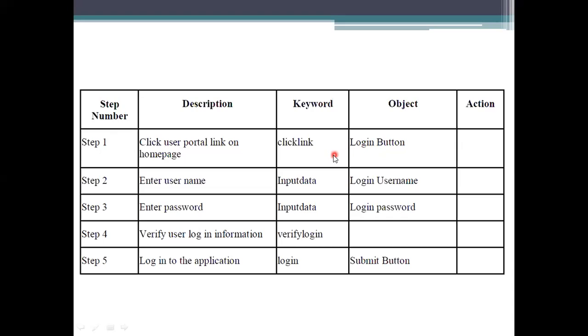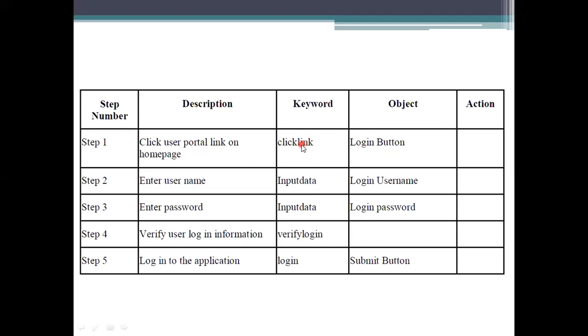So see here, if it is specified as click user portal link on home page, the simple thing here is to click the link. The keyword specified here is, if you see, whenever you place the arrow on it, in any web page, what it is for will be displayed there at the arrow.